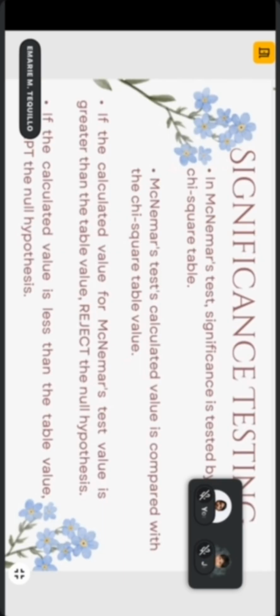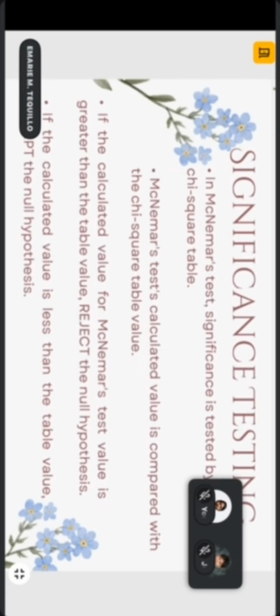Okay, thank you, Kevin. I think it's understandable, since it's the same concept or process as the other statistical tests. You only need to compare the computed value and the table value. If the computed value is greater, then reject the null hypothesis. After solving the formula, we compare the computed value with the tabular or critical value.